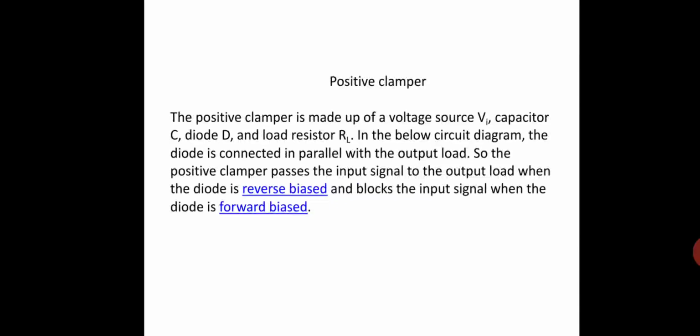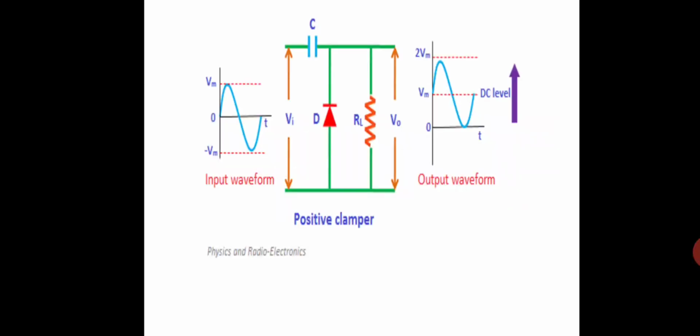So the positive clamper passes the input signal to the output load when the diode is reverse biased, and blocks the input signal when the diode is forward biased. Three components are used: capacitor, diode, and resistor. Vi is the input and V0 is the output.